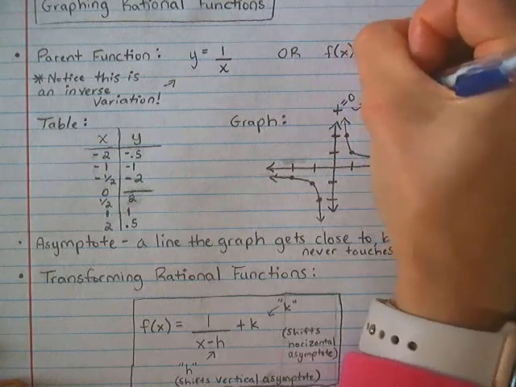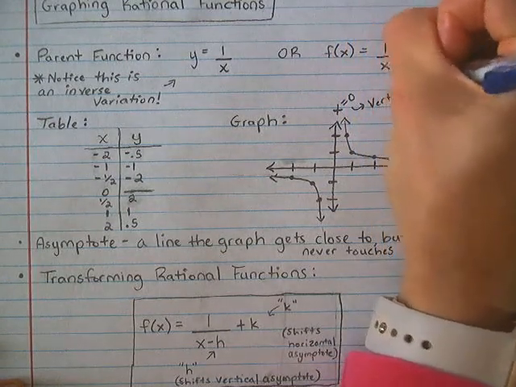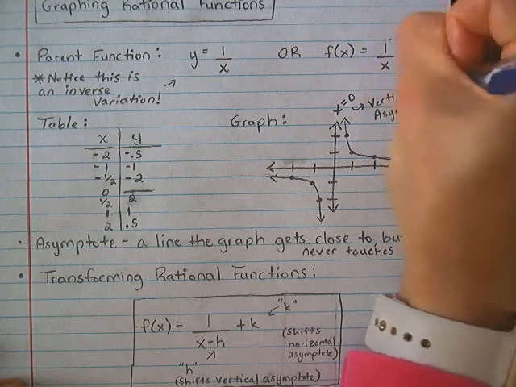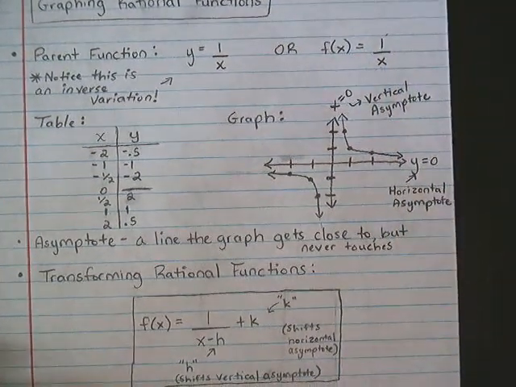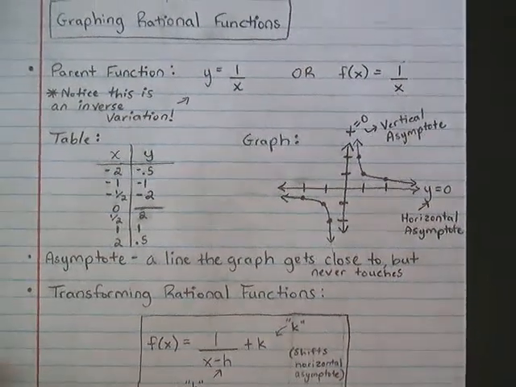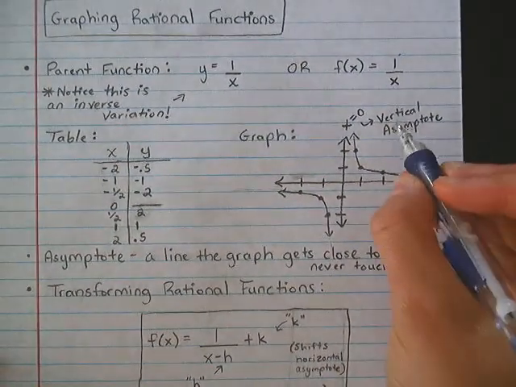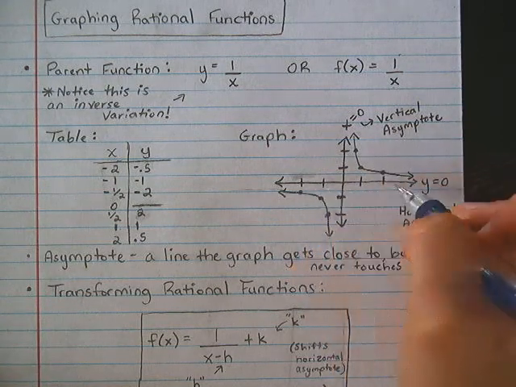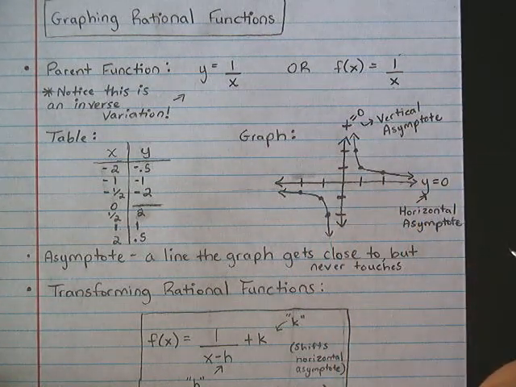And that would actually be a vertical asymptote in your graph, okay? And so all of these rational functions will have a vertical and a horizontal asymptote. And again, it's just the lines that your graph gets close to but never touches, all right?